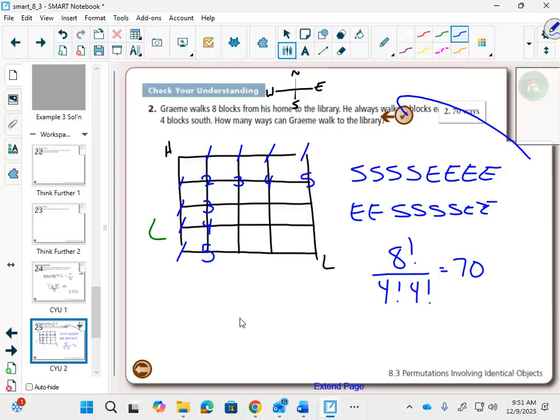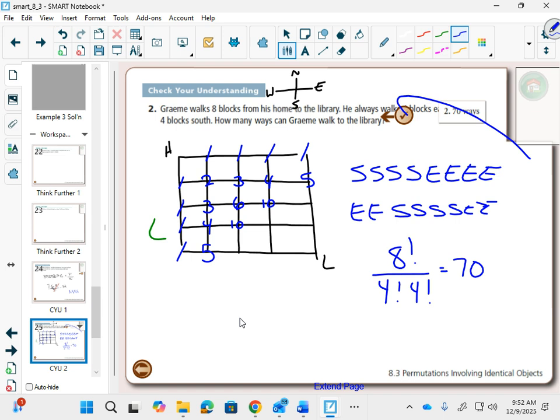Any guesses? It's not 5. It's not 8. 8 is too many. 6. Okay. See if you can see the pattern. What do you think this one's like? It's not 9. 10. And this one is 10 also.